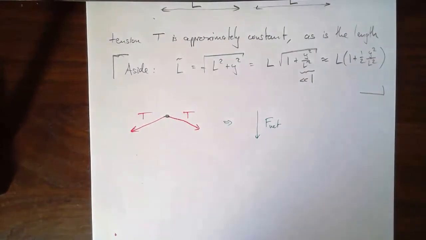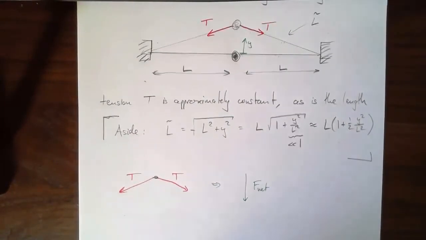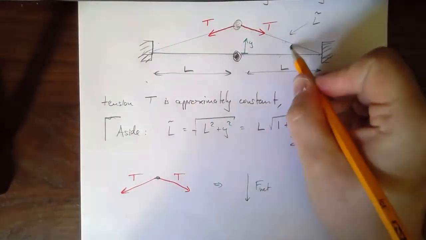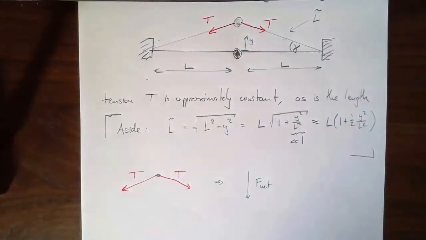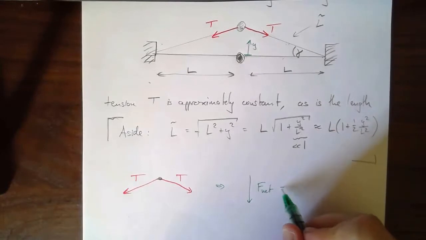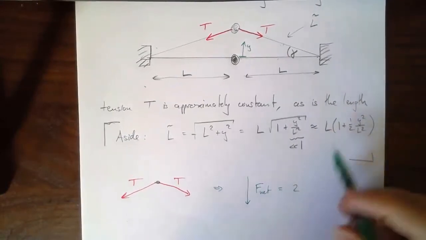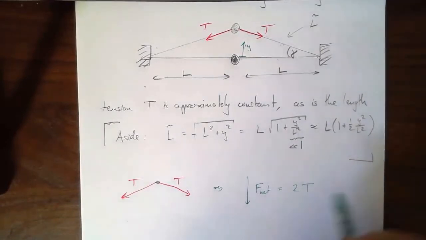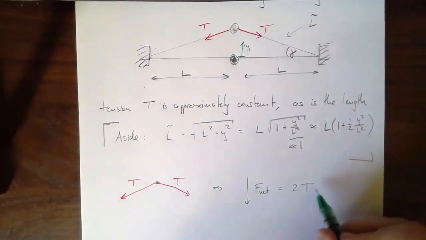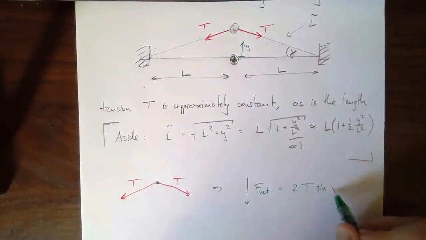What's this net force equal to? Well, if I want to draw some angle, let's call it gamma. Why not? F net is going to be equal to 2T, because there are two rubber bands working in the same direction, 2T sine gamma.